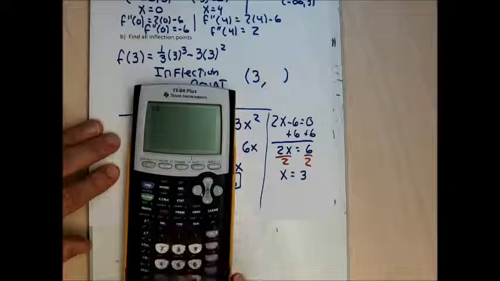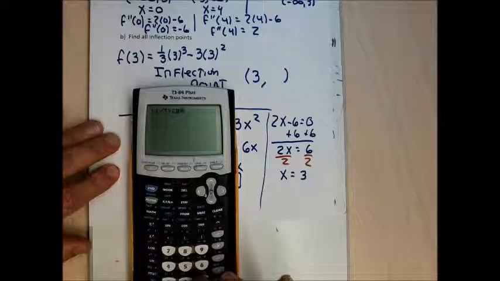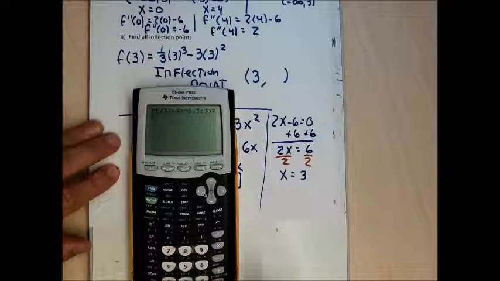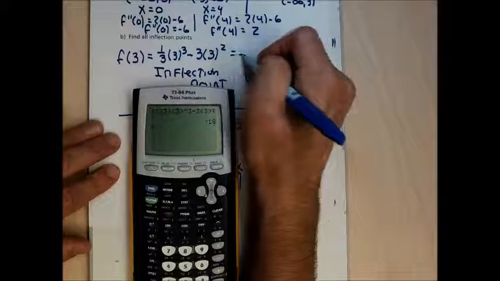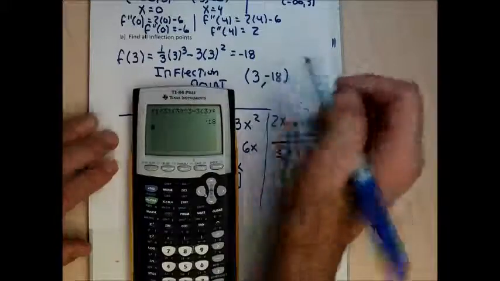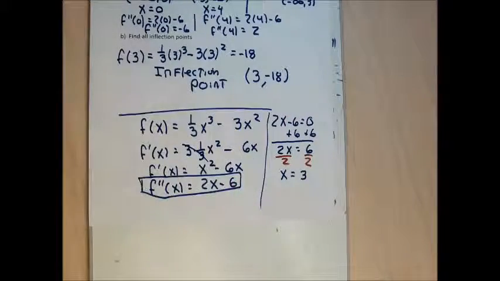Do parentheses 1 divided by 3 for the 1/3, and then times 3 cubed minus 3 times 3 squared, and that's going to give me the y coordinate of negative 18. So I'm going to say the inflection point, the answer to part B, is the point 3, negative 18.